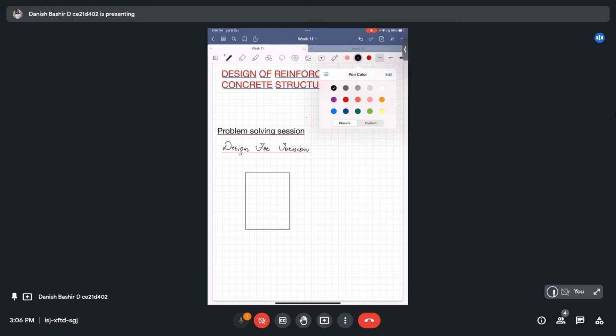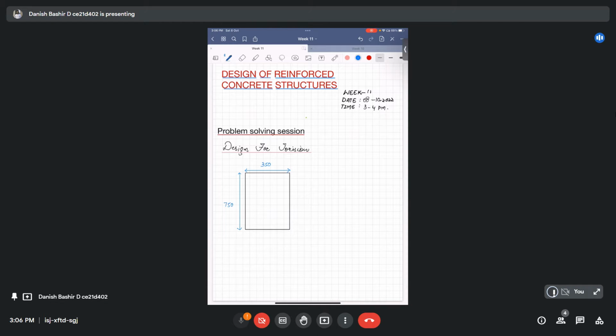The rectangular beam is given with dimensions of 350 mm width and 750 mm overall depth.